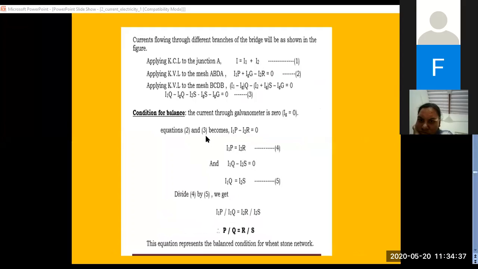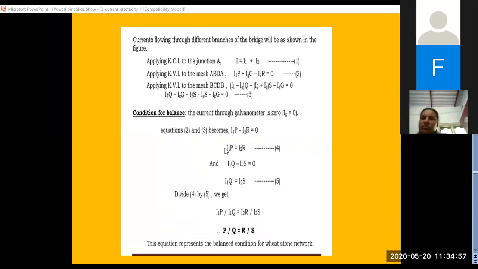When your Ig is equal to 0, equation 2 becomes I1P minus I2R will be equal to 0. Equation 3 becomes I1Q minus I2S will be equal to 0. Divide equation 4 and 5.